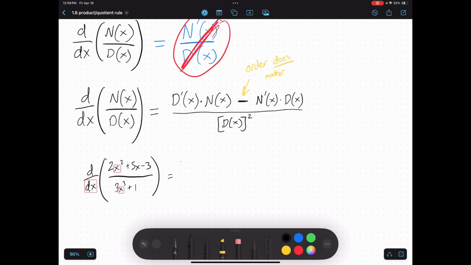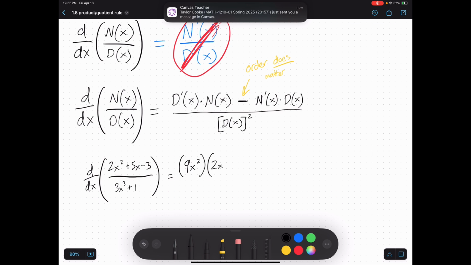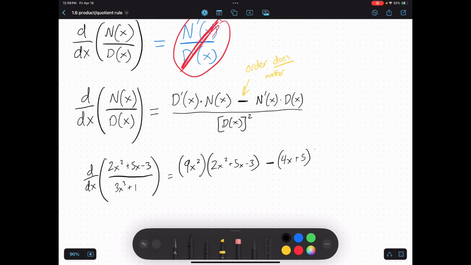I would take the derivative of the bottom function, so 9x squared, and multiply it by the top function, minus the derivative of the top function, which is 4x plus 5, multiplied by the denominator function. And then all of that would be over the denominator function squared. And that would be my derivative.